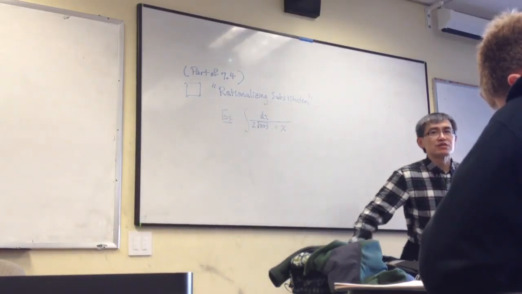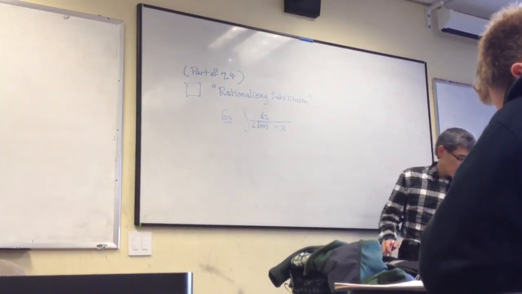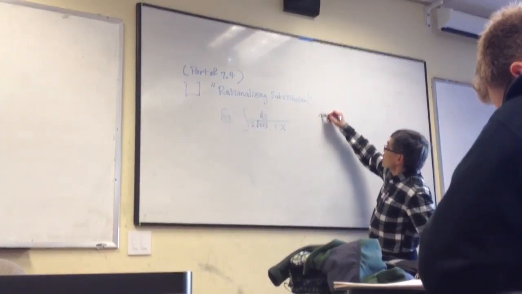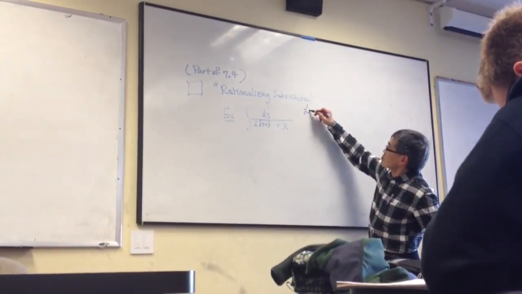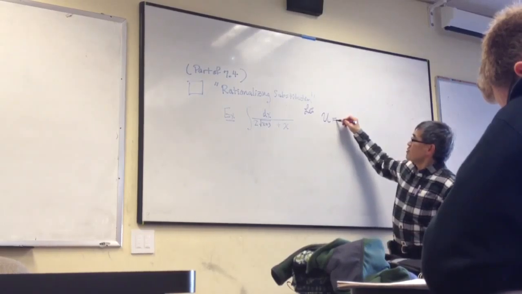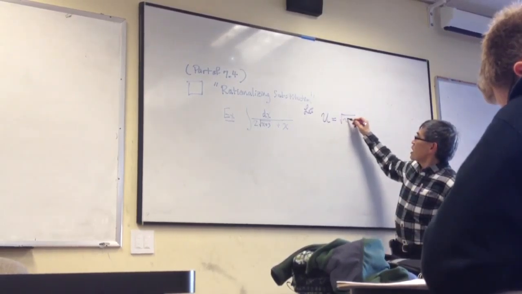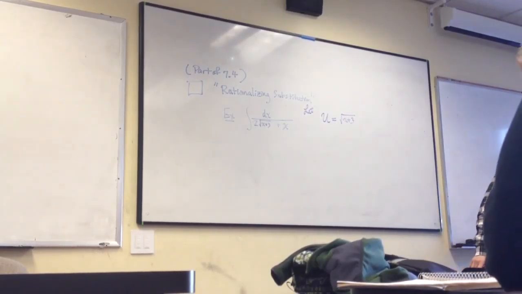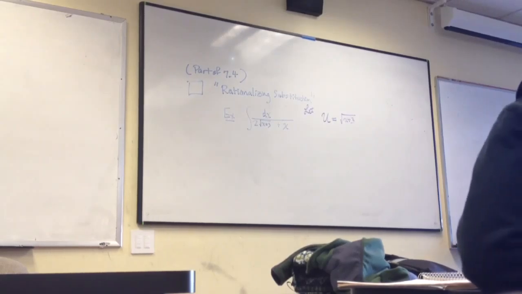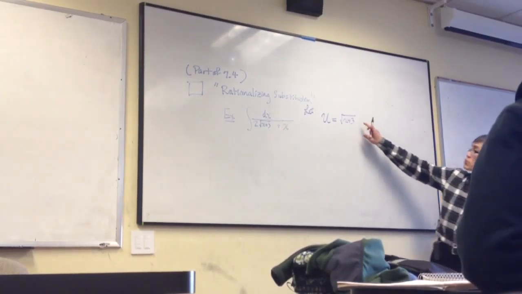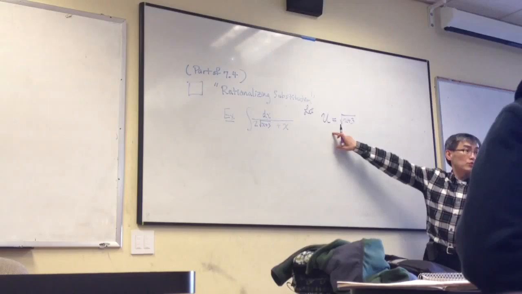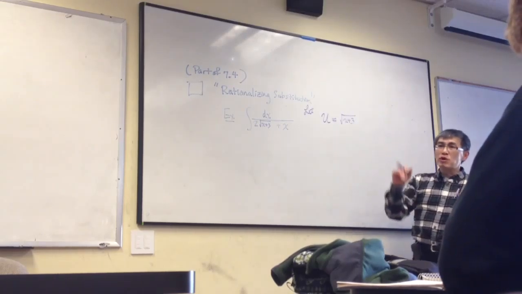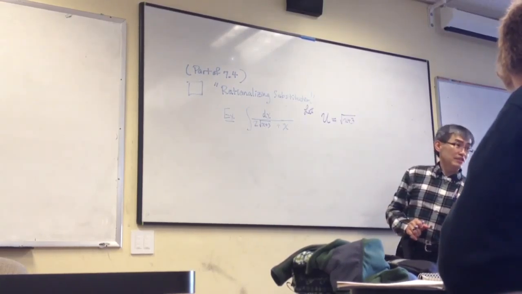All right? So it goes, let u be square root of x plus 3. And in this kind of rationalizing substitution, you'll find it beneficial, once you write it this way, introducing the u, to square both sides to make things easier.